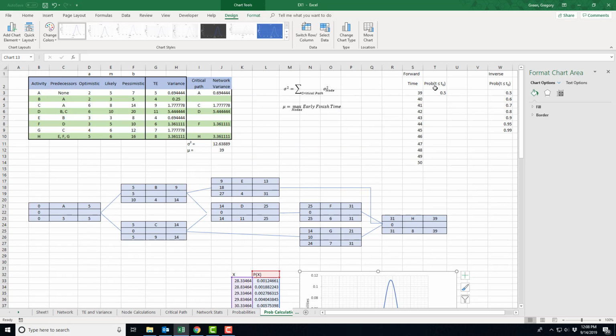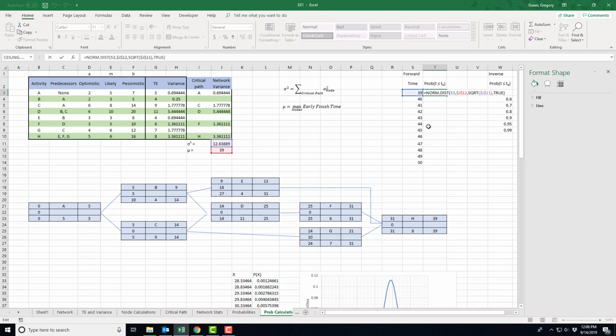What if I looked at the probability that my time comes out less than some t0? So here I'm letting t0 be these various numbers, and I'm saying, okay, what's the probability that we'll complete before these times? Well, I used the following function, norm distribution. I looked at the time, and then I got the mean.